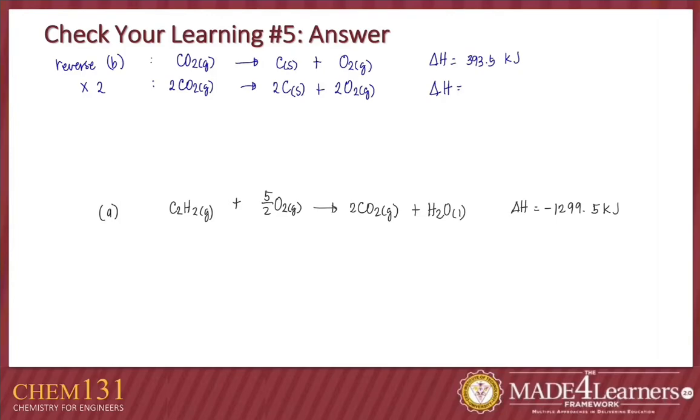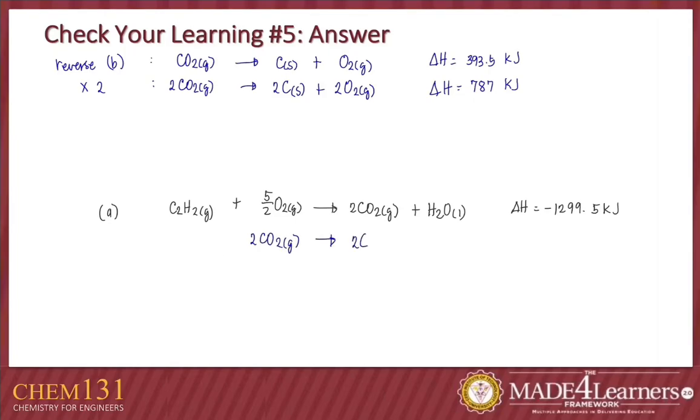So, 393.5 times 2, that would give us a value of 787 kilojoules. And that's what we are going to add here. I-add na nato siya diri. So let's write 2 CO2 gas.